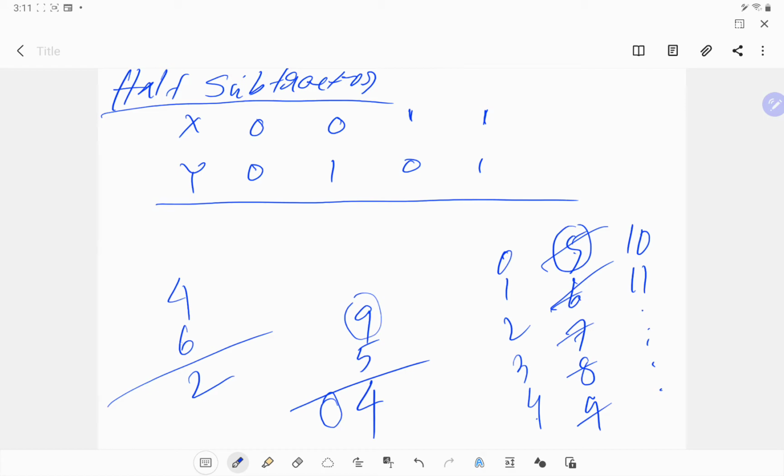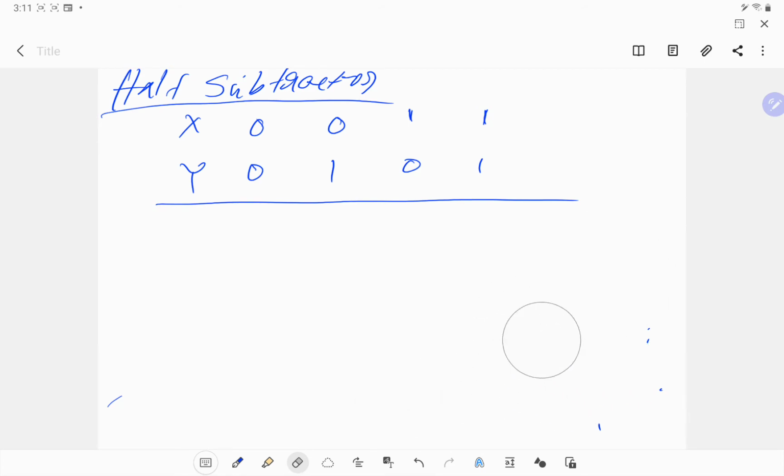And now 6 is a larger number than 4, so we have a borrow. This borrow we need to consider in the next subtraction. The same way we do it if we have numbers, let's consider 62 and 39. We need to subtract. Then what do we do?